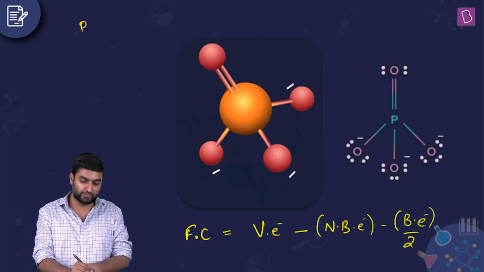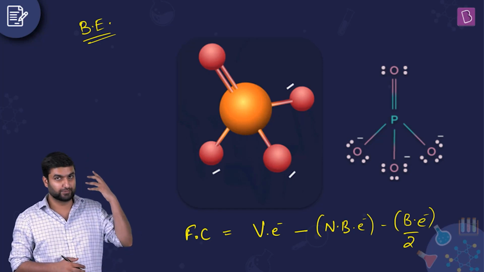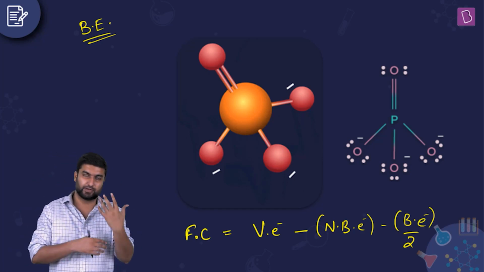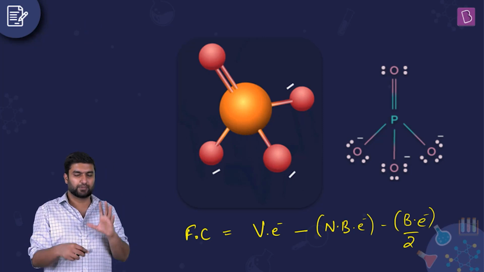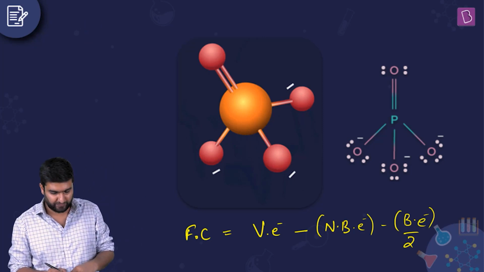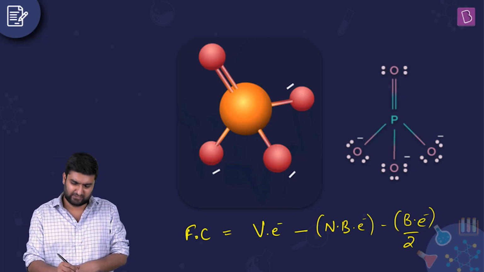I don't want to use this because it has other utilizations throughout chemistry as well. Bond energy, bond enthalpy, and so on. We don't want to use B capital E. Okay. Now with that, let's see about that.